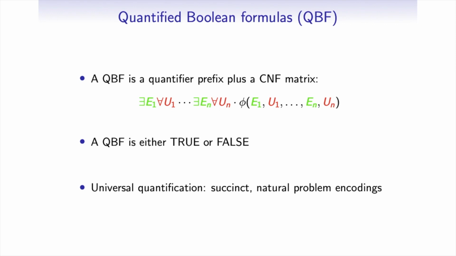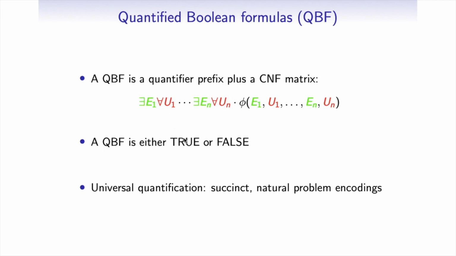Okay, that's pretty much all I'll say about solving, I think. The rest of the talk I'll be focusing on proof complexity and, in particular, quantified Boolean formulas. So I should say, what is a QBF? It's a quantifier prefix plus a CNF matrix. So here we have a CNF matrix. It's a CNF formula, which traditionally is referred to as the matrix. And here's a quantifier prefix, where a bunch of variables are quantified either existentially or universally.